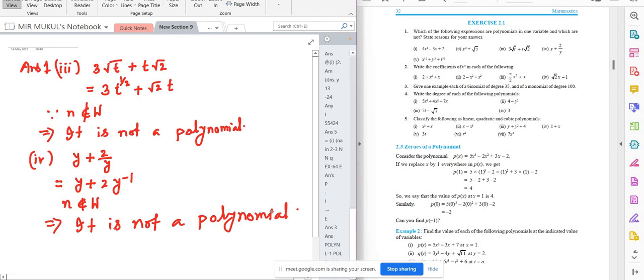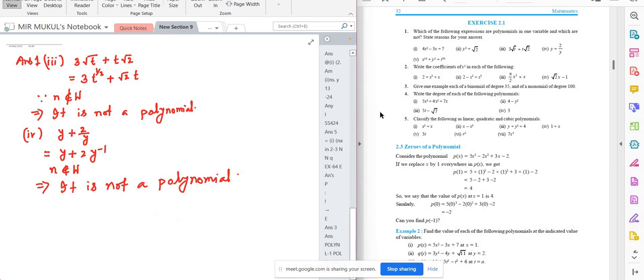It is also not a polynomial. And the fifth one, it is a polynomial, but it is not a polynomial in one variable. Here we can see three variables.